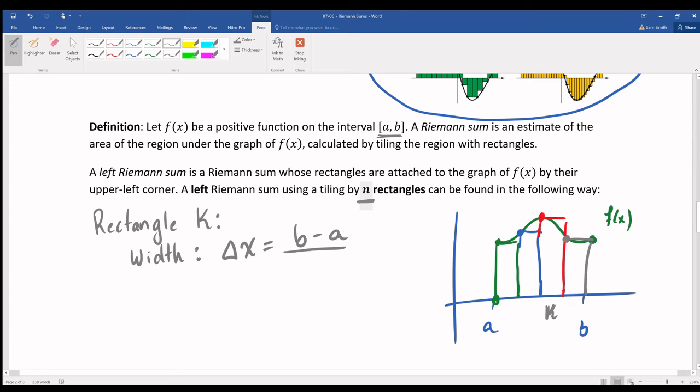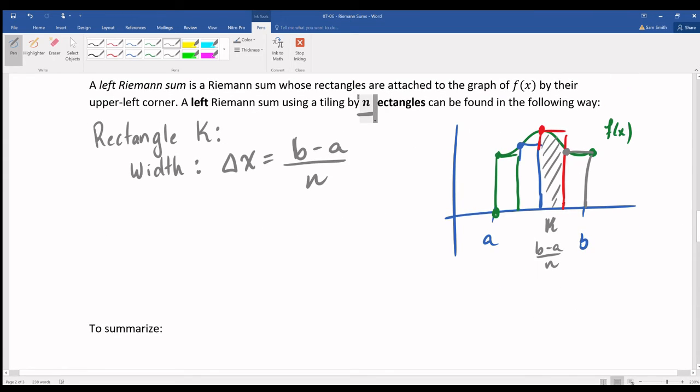Assuming that they are all equally sized, and that's traditional, then we will split up that total width of b minus a into n pieces, and that would be the width of any one of these individual rectangles. So here's rectangle k, and it has a width of b minus a over n.